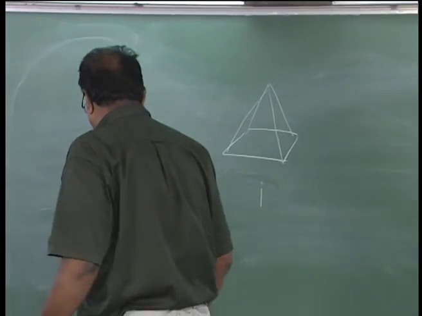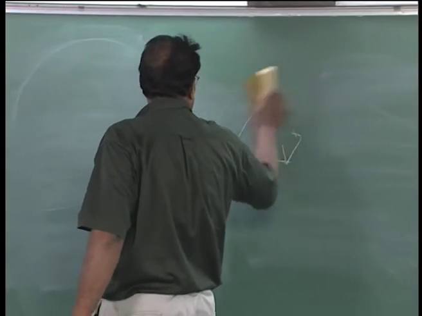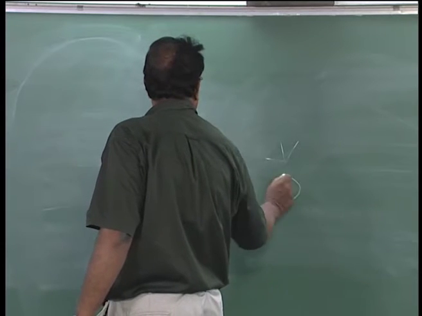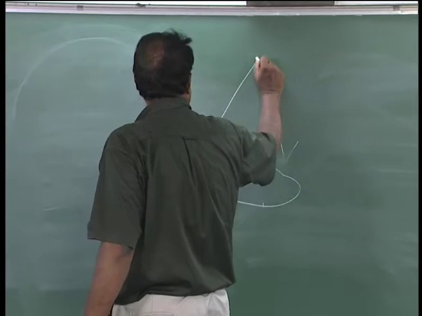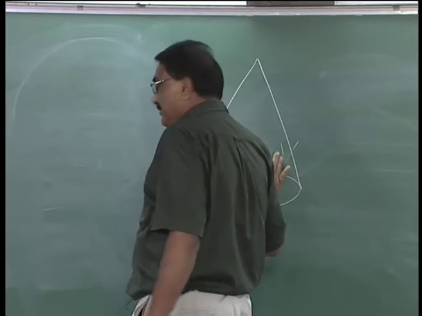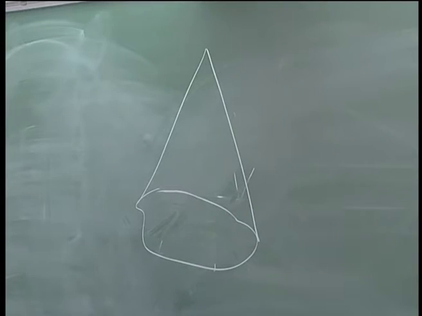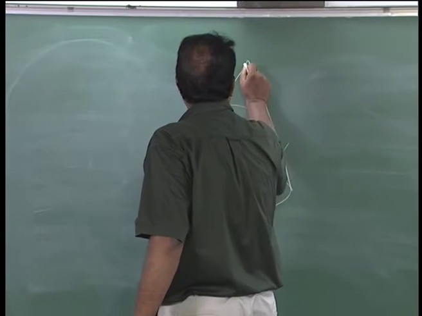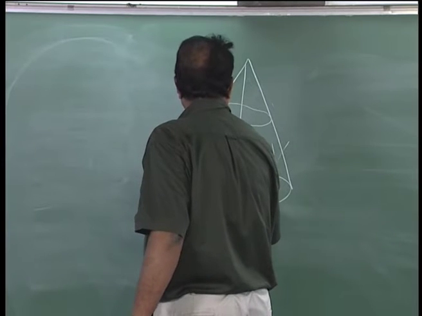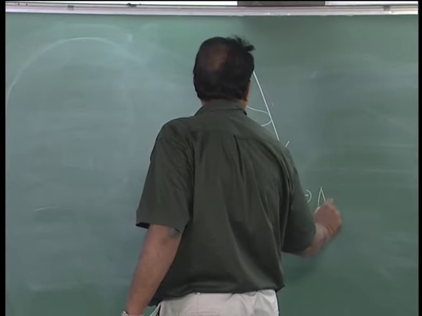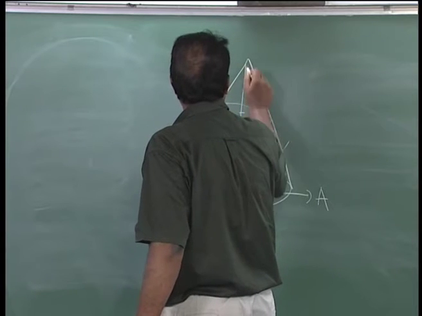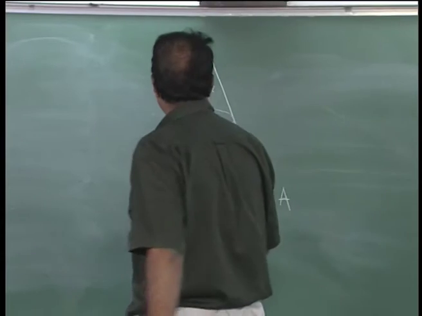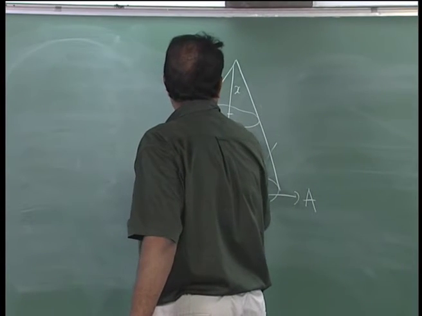In general, how will you get it using the so called modern method? Suppose you have an arbitrary area, which is tapering off uniformly. This is the total height H, and this is the area A here, and suppose at this point it is X, from the top to this point. Then the volume, you can consider discs.